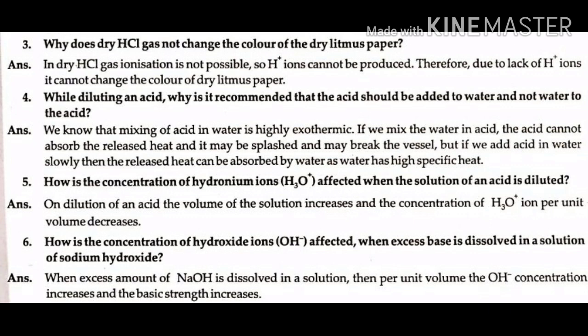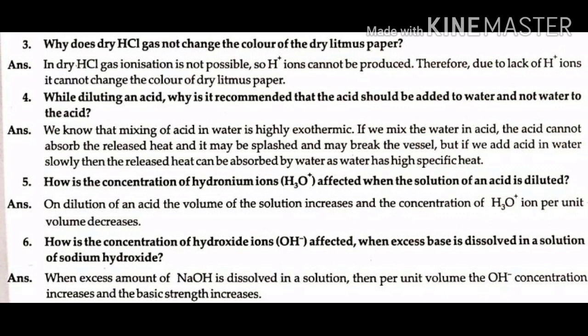Question number 4. While diluting an acid, why is it recommended that the acid should be added to water and not water to the acid? Answer. We know that mixing of acid in water is highly exothermic.